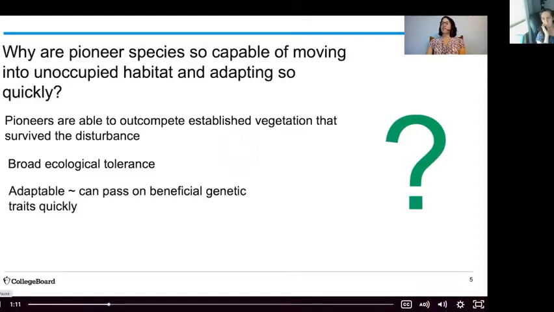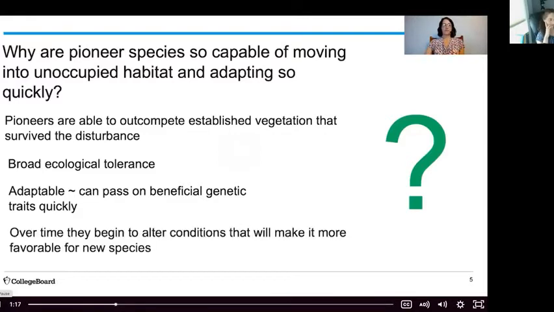They're really adaptable. They are able to quickly pass on beneficial genetic traits. And finally, over time, one species begins to alter that habitat to make the conditions more favorable for new species. Maybe it does a really good job of adding nitrogen to the soil so that a larger species or a new species can move in.